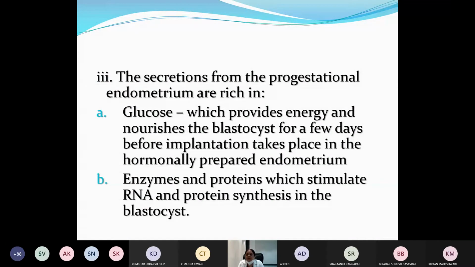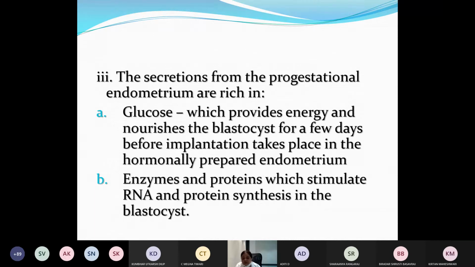The secretions from progestational endometrium are rich in glucose, which provides energy and nourishes the blastocyst for a few days before implantation takes place in the hormonally prepared endometrium.